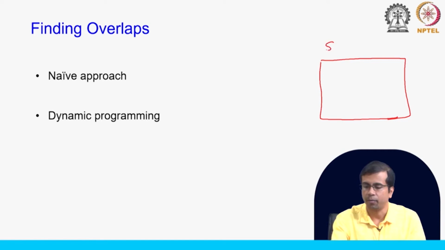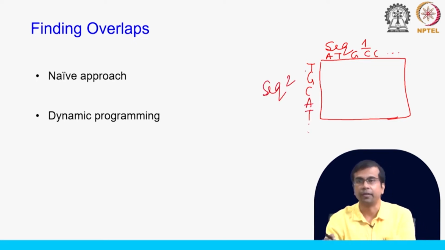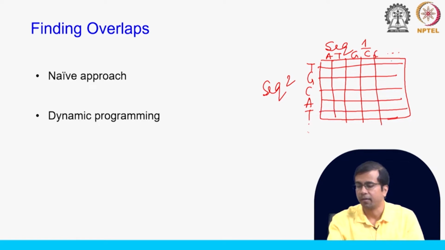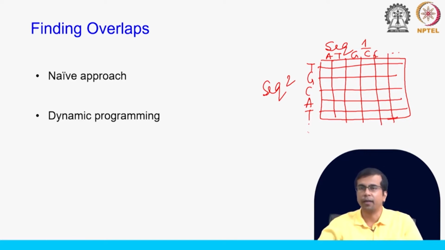In one direction we have sequence 1, these are the bases, maybe A, T, G, C, C, and so on. In the other direction maybe we have sequence 2. So, we have one sequence along the rows and one along the columns, and then we build up this matrix with the match and mismatch scores, and then also the gap opening penalty or gap extension penalty.